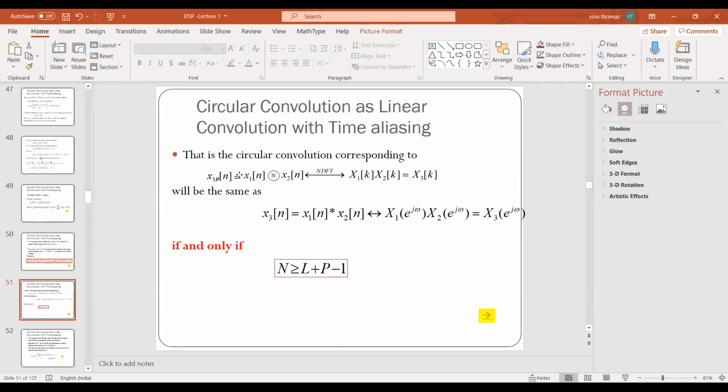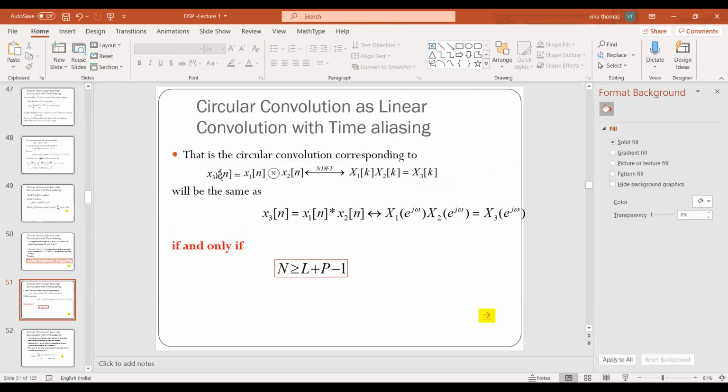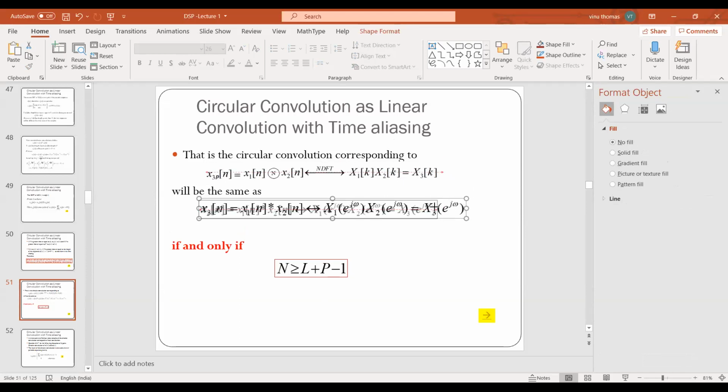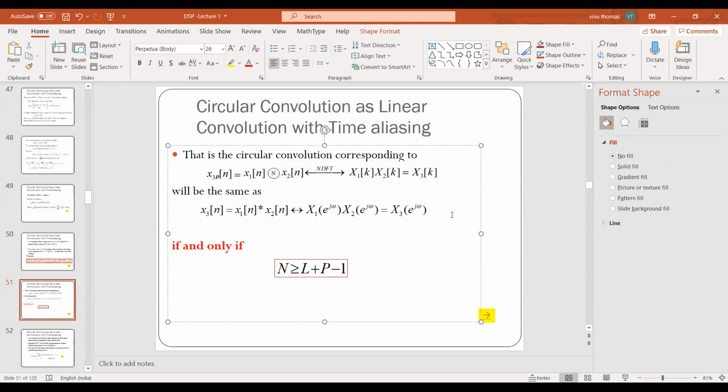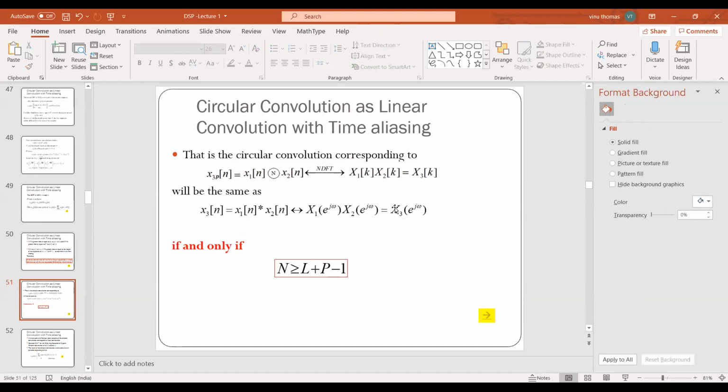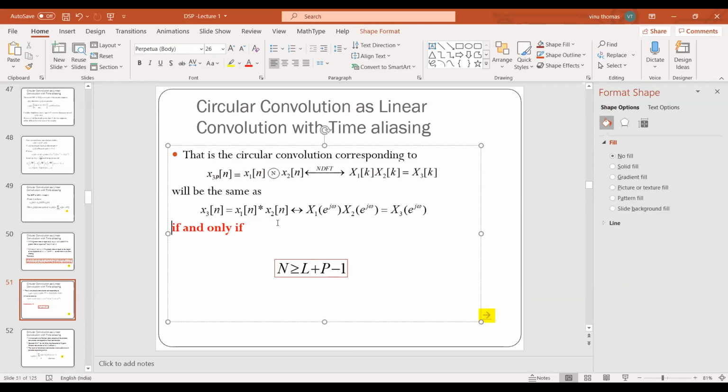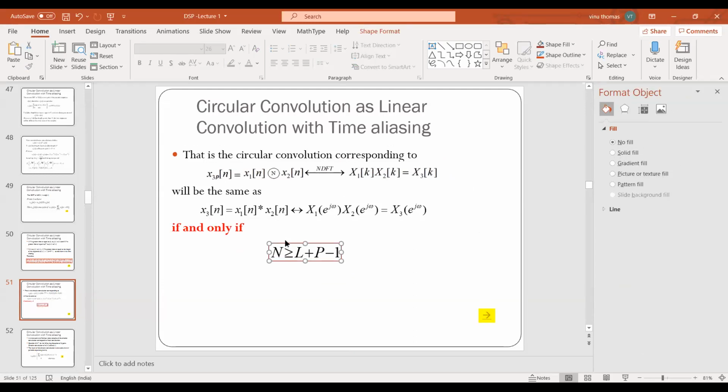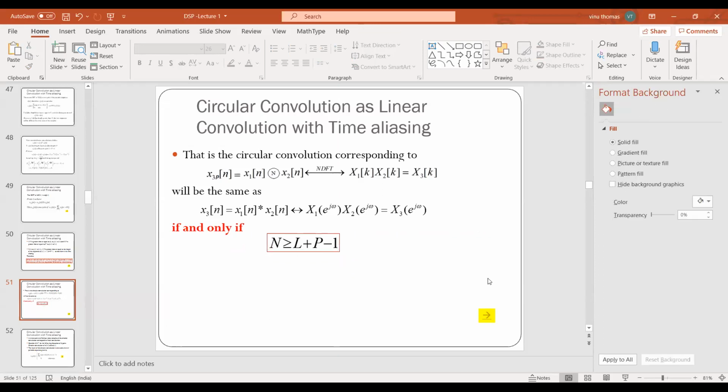So the circular convolution corresponding to this expression, that is x3p of n equal to x1 n-point circular convolved with x2 n, which has an n-point DFT given by X1 of k and X2 of k, which is equal to X3 of k, will be the same as the linear convolution x3 of n equal to x1 n convolved with x2 n, having a DTFT given by X1 of e power j omega and X2 of e power j omega, if and only if, this is the important result here, N is greater than or equal to L plus P minus 1. That is a takeaway here.